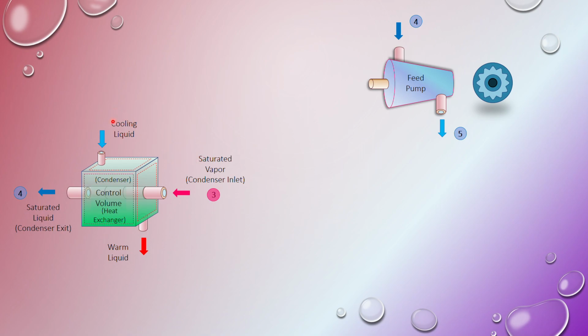So you have cooling liquid going in at one end and leaving as warm liquid. Point 3 is the condenser inlet.